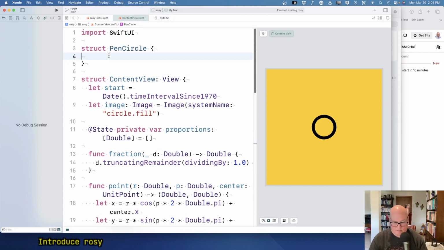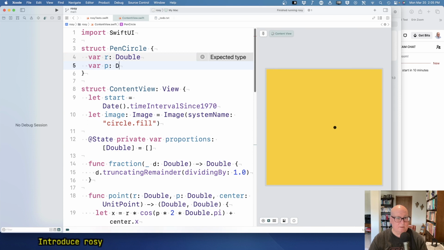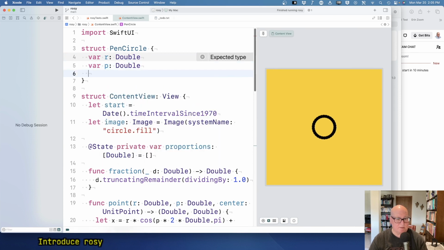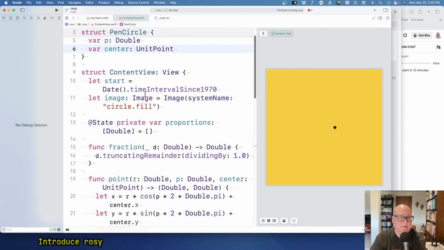Okay, so let's define R. R is a double. P is a double. That's our proportion. And center is a unit point.